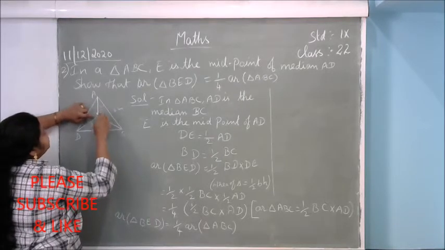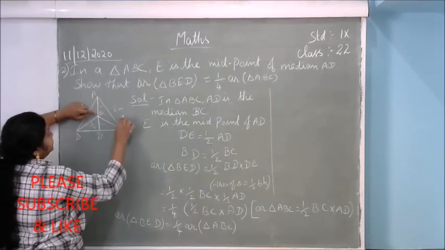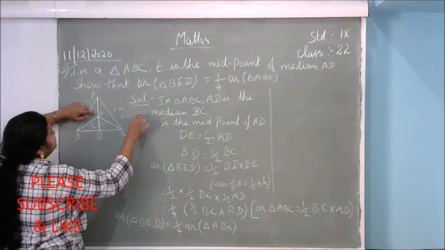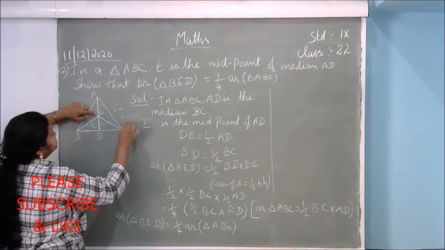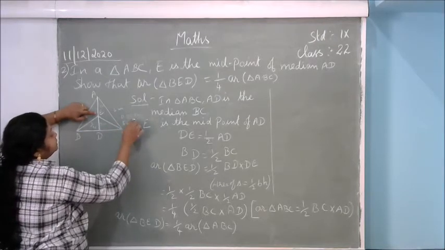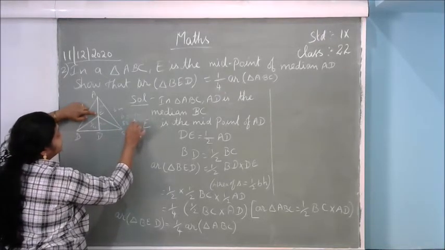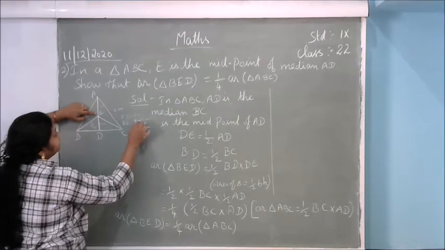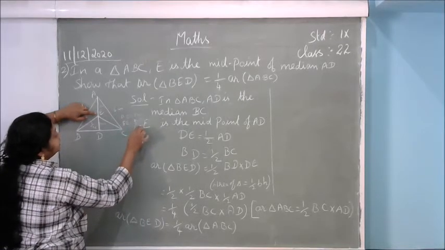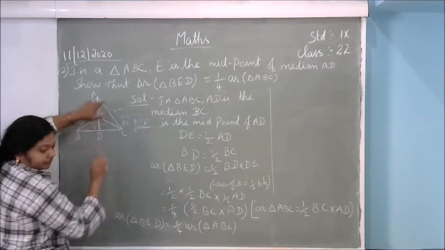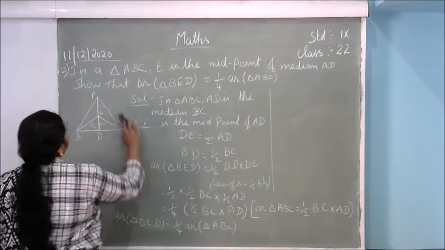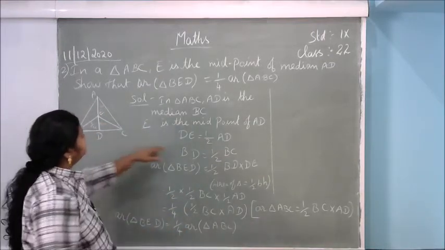So ED, how much will it be? 3 centimeter, that is half of 6, divide by 2. That means DE is half of AD.